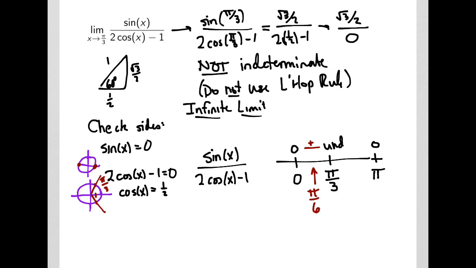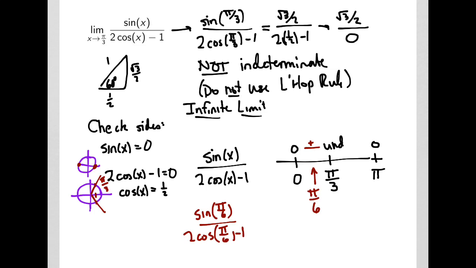And what happens to the cosine? Well, the cosine of pi over 6 is root 3 over 2. Double that, so let's see. Let's just write this down. Sine of pi over 6 over 2 cosine of pi over 6.